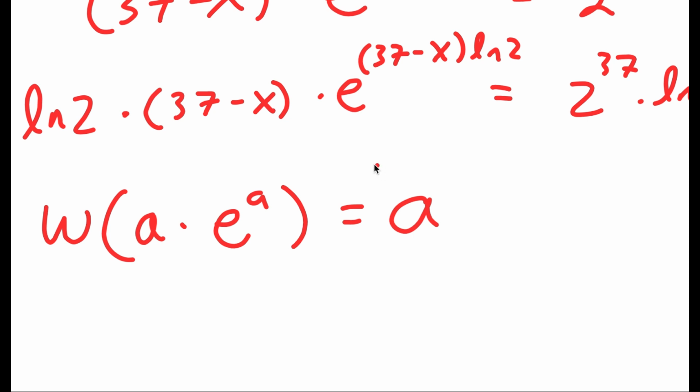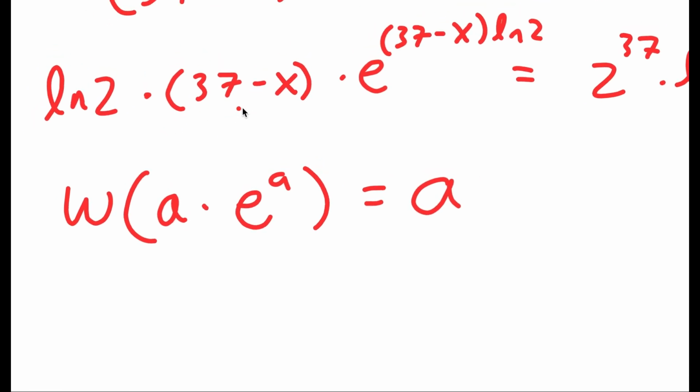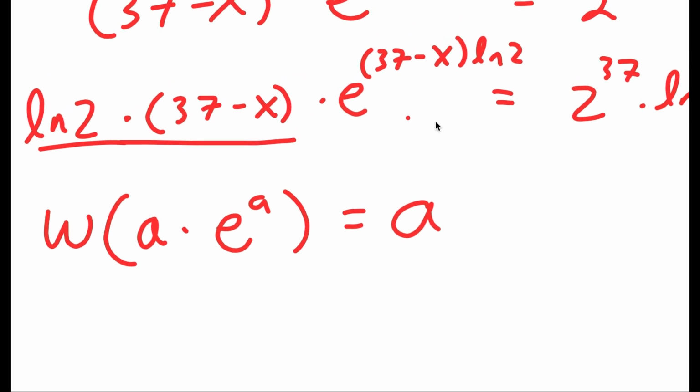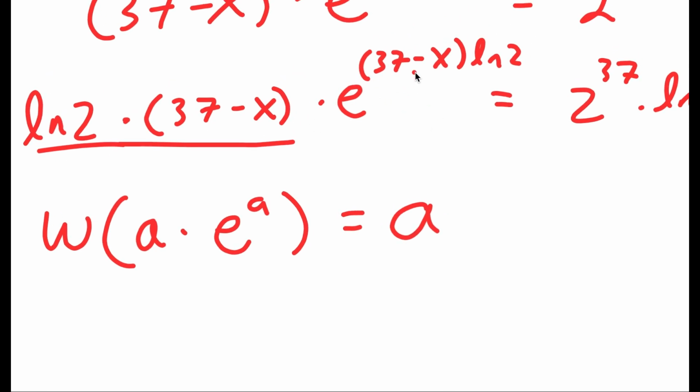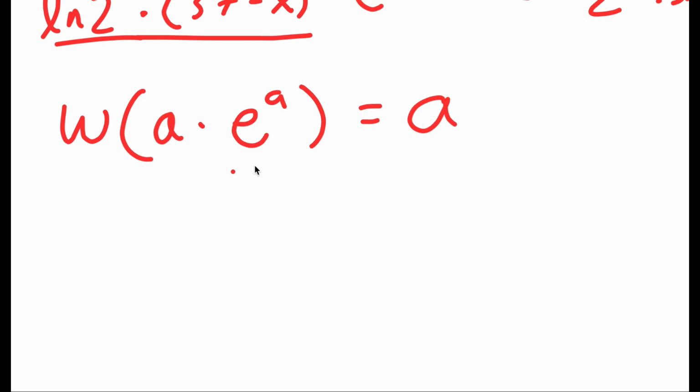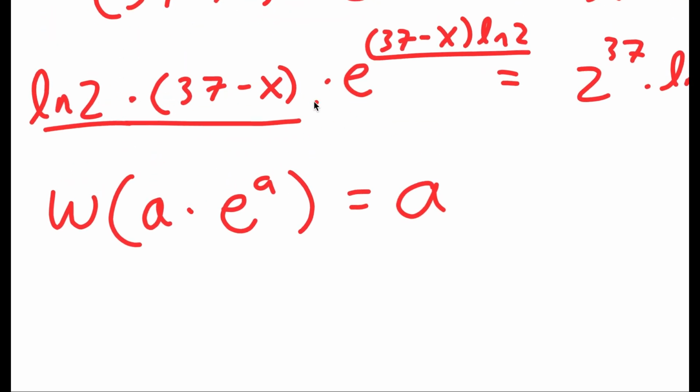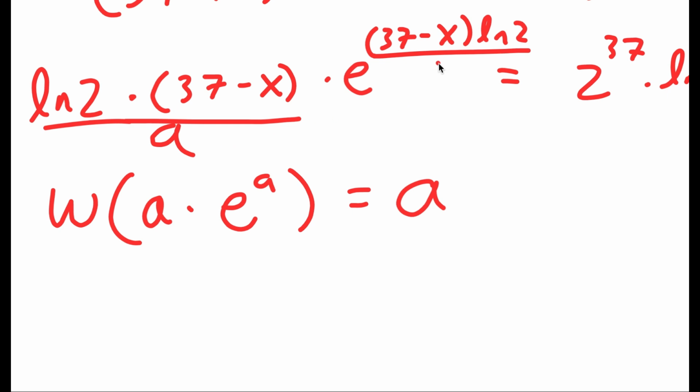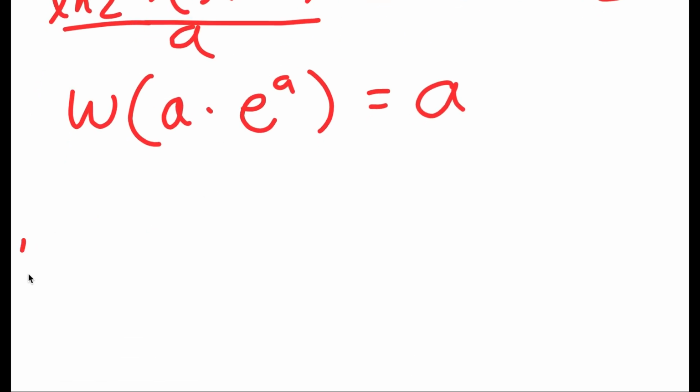Now, notice over here that I have ln of 2 times 37 minus x times e to the power of 37 minus x times ln 2. So if I take the W of this, it should just equal ln 2 times 37 minus x, because this is a. So I'm going to take the W on both sides.